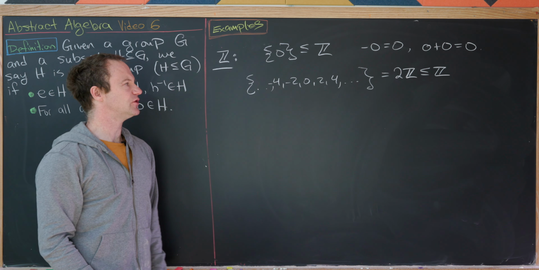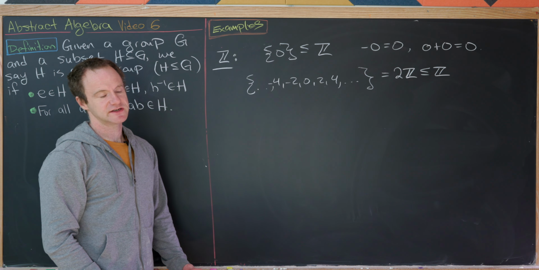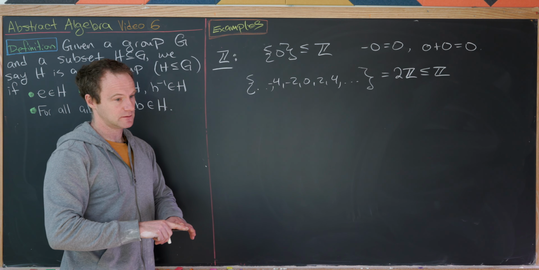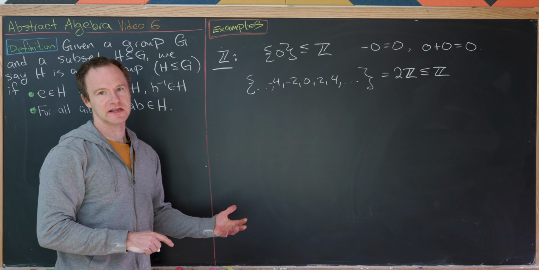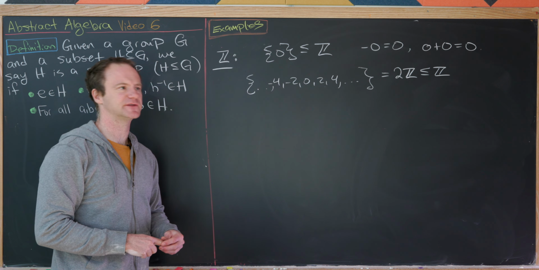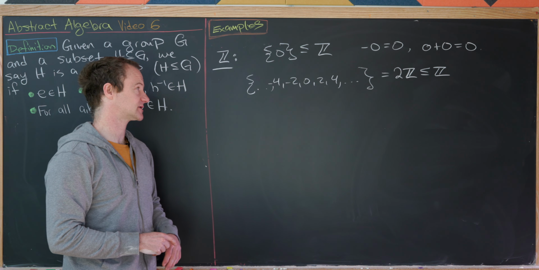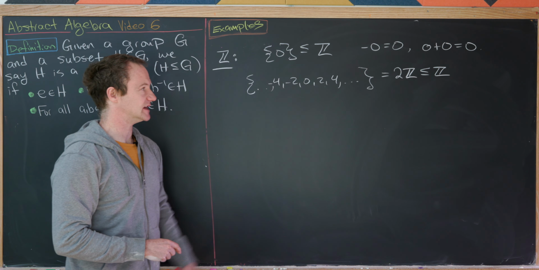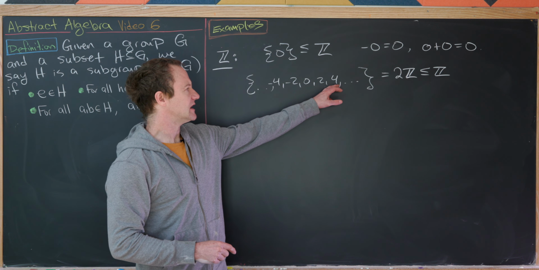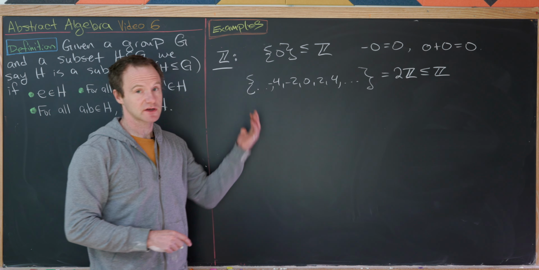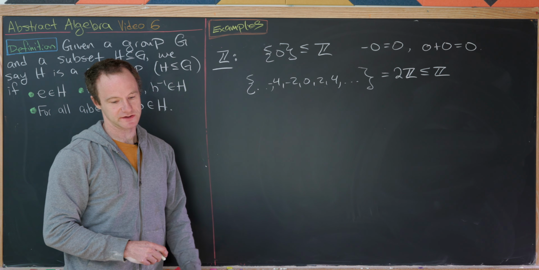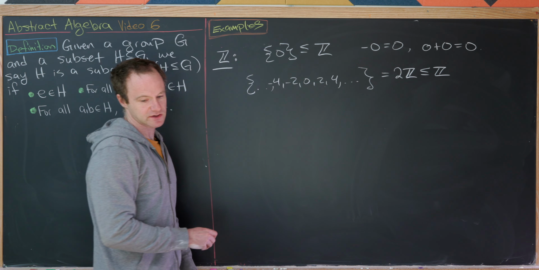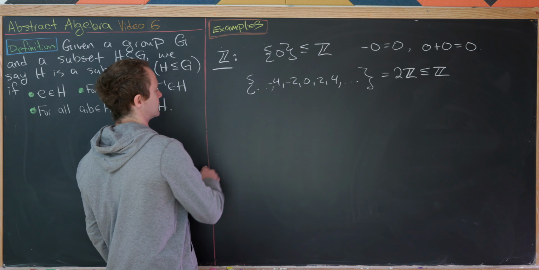That's because if you have two even integers and you add them, then you get an even integer as the output. So you probably proved something like that in an intro to proofs class. Furthermore, 0 is an even number, so it contains the identity. And any even number has a negative, which is also an even number, so we're good to go there as well. Okay, so let's look at some other examples.